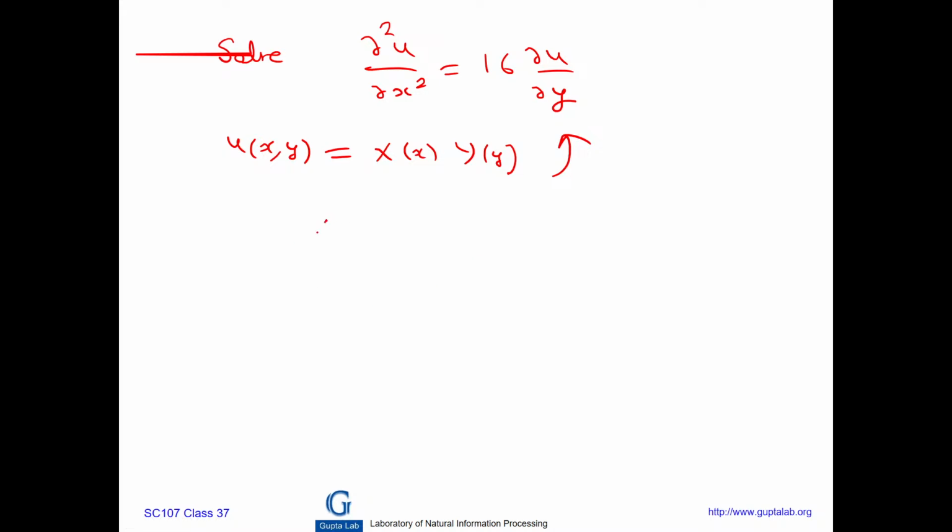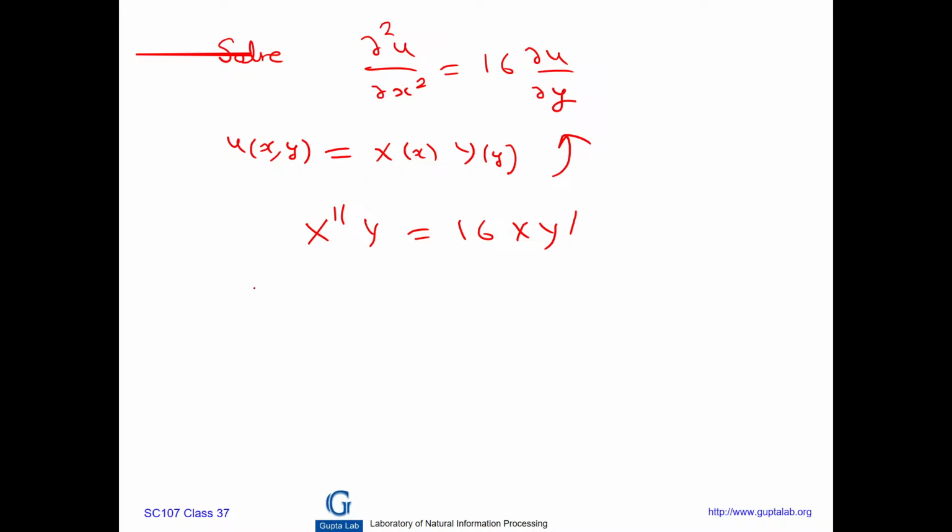So what will happen? X double prime Y is equal to 16 X Y prime. This prime means differentiation with respect to x, right? And so when we are looking at X, it is differentiation with respect to x. When Y prime, it means differentiation with respect to y. Okay, that's the thing.